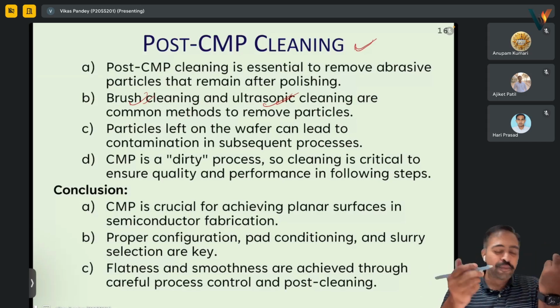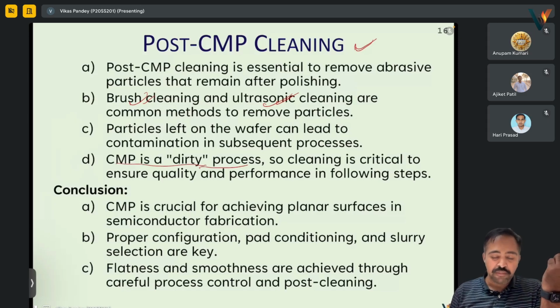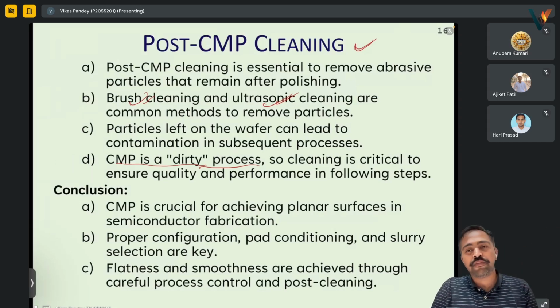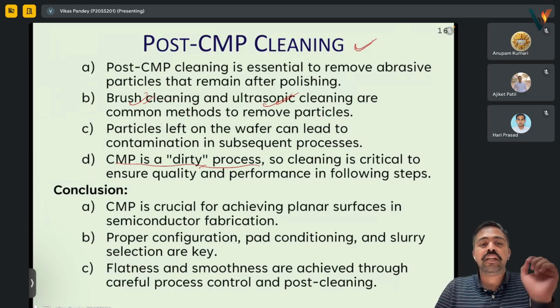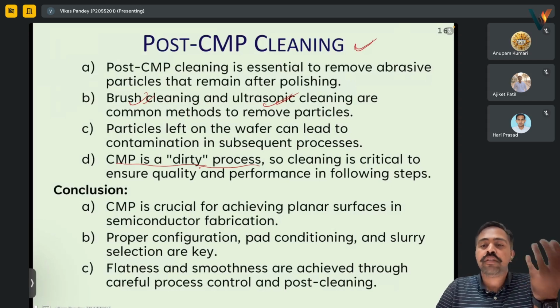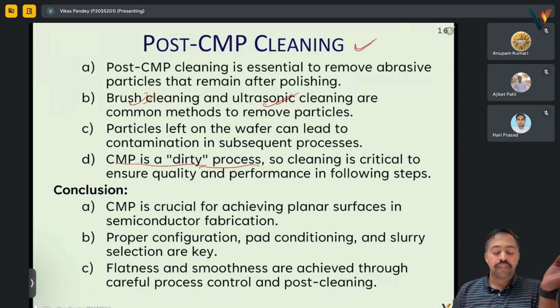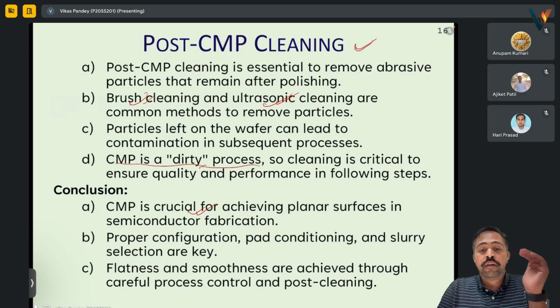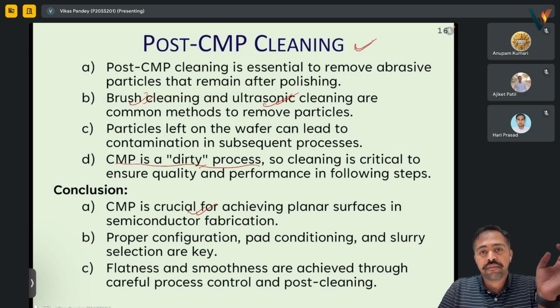And so we can say that CMP is a dirty process. That means it will actually contaminate our whole wafer. So cleaning is very important for our subsequent steps. So in short, CMP is crucial for achieving planar surfaces in semiconductor fabrication. Proper configuration, pad conditioning, and slurry selection are key to CMP.